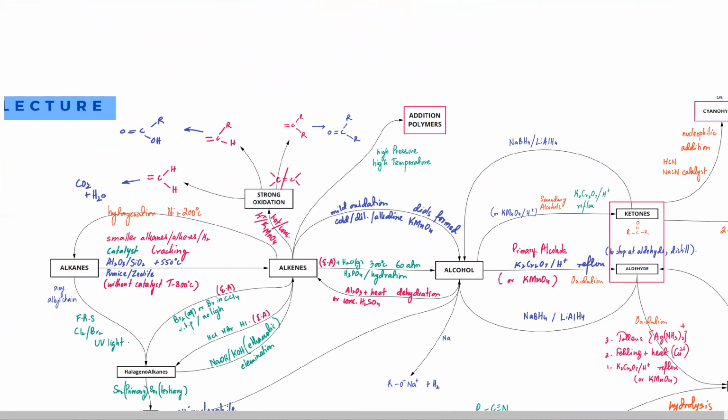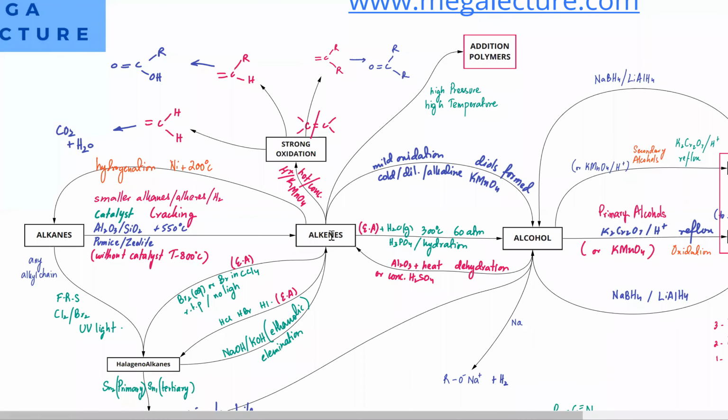If you look at the revision chart, here's your alkene. If you react with KMnO4, the first thing is that the double bond is going to break. When you do strong oxidation, the double bond always breaks, and there would be three options. Either the double bonded carbon atom had two carbon chains attached to it, then it would turn into a ketone.